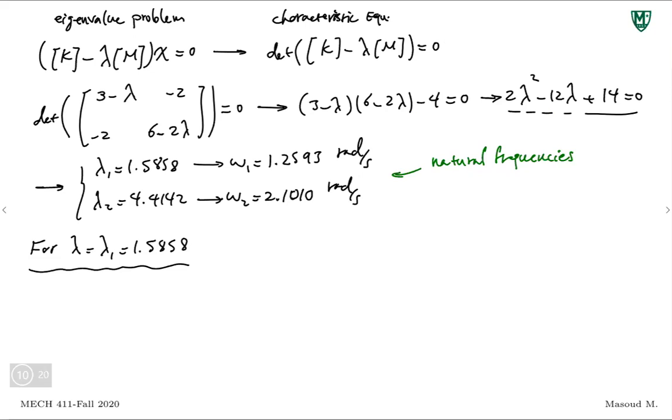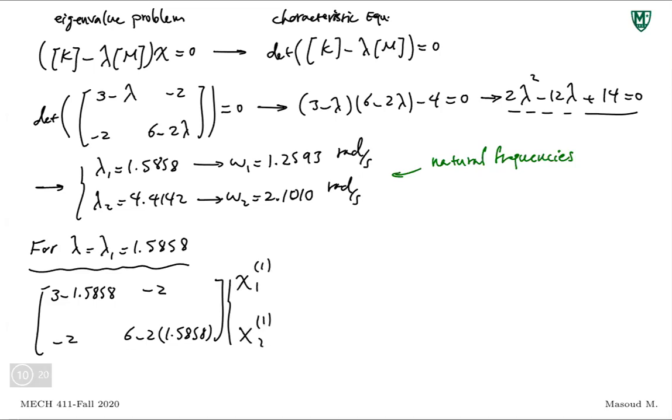just plug that into the eigenvalue problem. That would be 3 minus 1.5858. Well, this is minus 2, this is minus 2, and then 6 minus 2 times 1.5858. This is multiplied by, since we are looking for the first mode, x11, x12, equal to 0, 0.